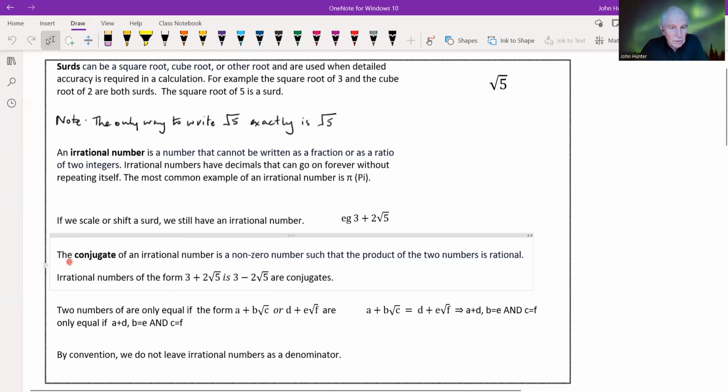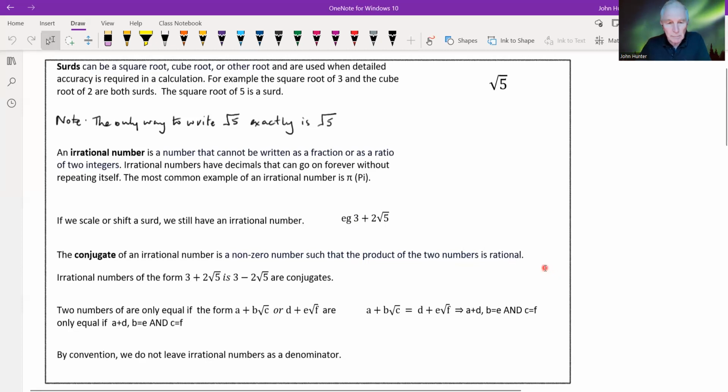Anyway, let's go on and think of another couple of concepts here. We talk about the conjugate of an irrational number. It's a non-zero number such that the product of the two numbers is rational. So, for instance, we take 3 plus 2 root 5 and multiply by 3 minus 2 root 5, then we end up with a real number.